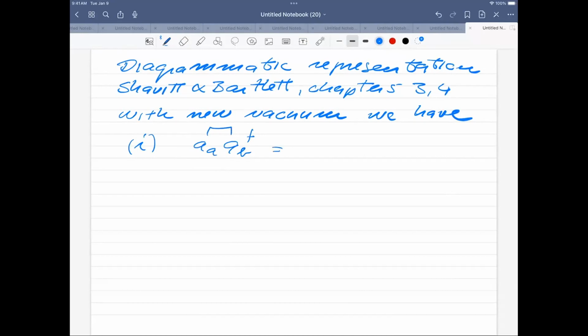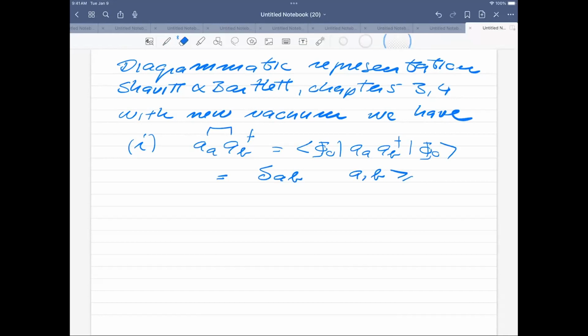And let me just quickly remind you of that. So that's given now by a contraction on a vacuum state, and B and A are not contained in this new vacuum state. And this is given by delta AB. We have assumed that A and B are not contained in the vacuum state. So F is still the symbol for the Fermi level.